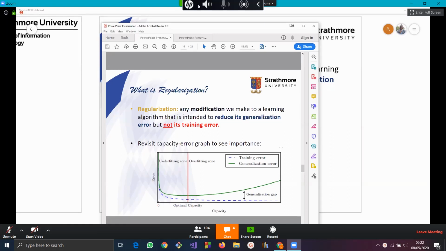So from optimization, which is actually making our error reduce in every iteration, regularization is the next important thing that can allow me to increase my capacity and at the same time not increase the generalization gap, the difference between the test error and the train error.